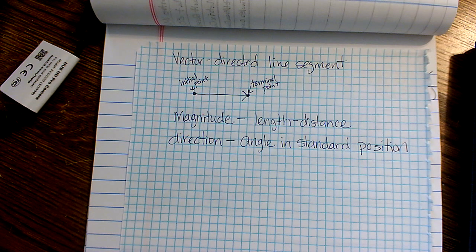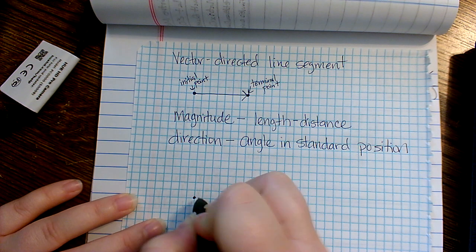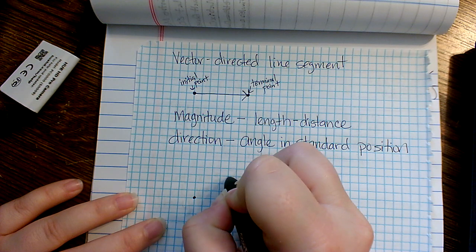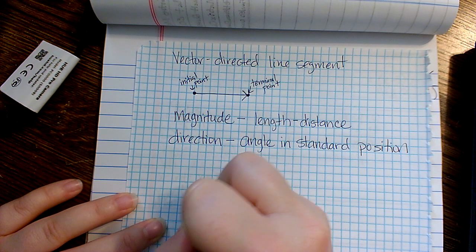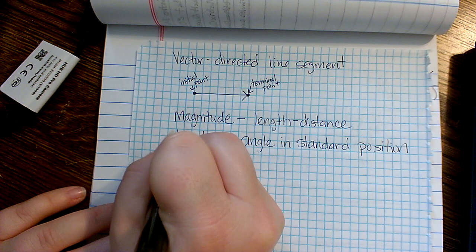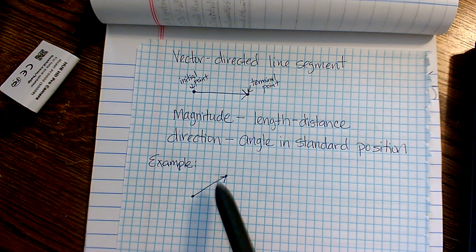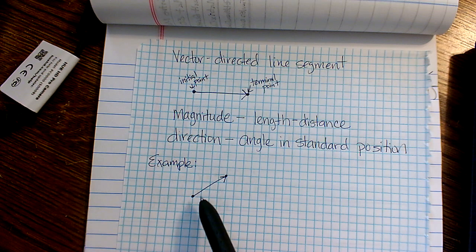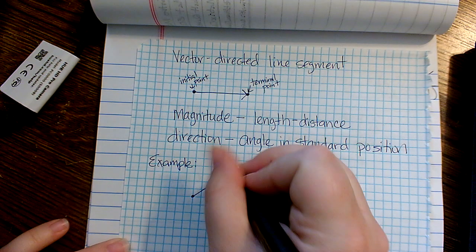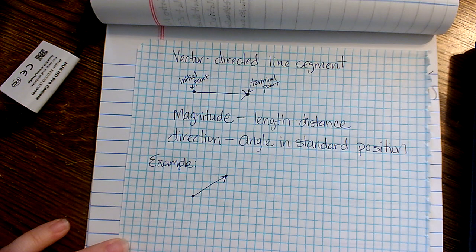All right, so if we look at this vector here, my initial point is here, my terminal point is here.